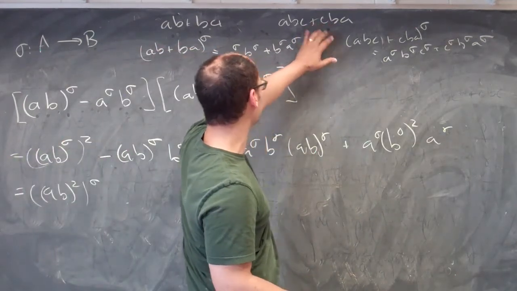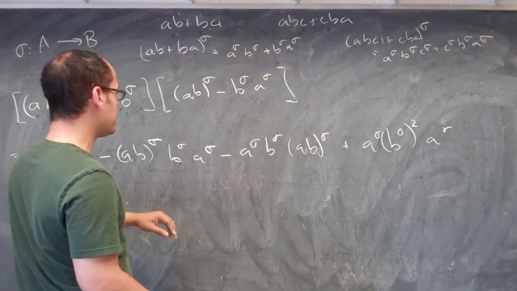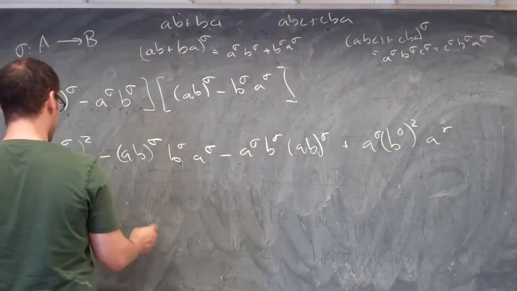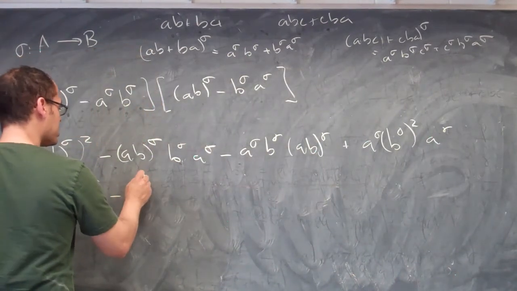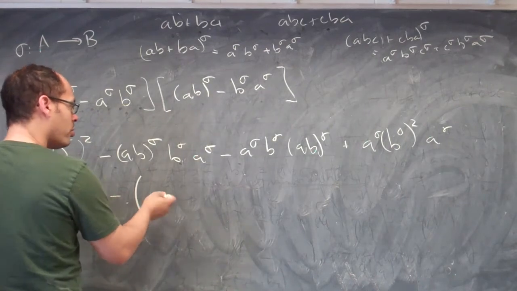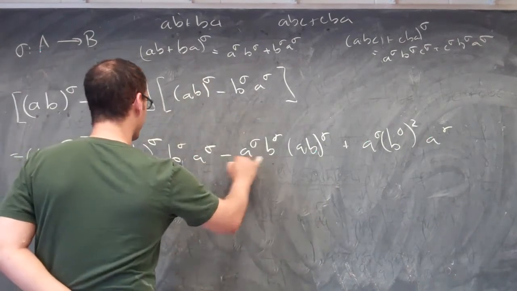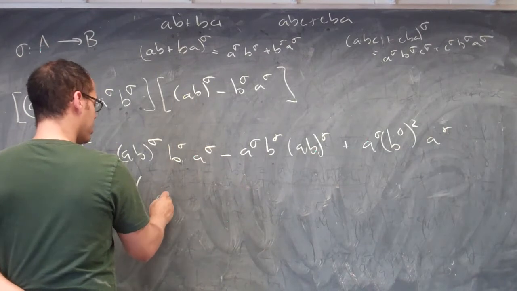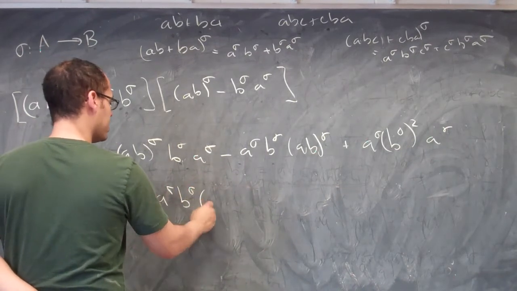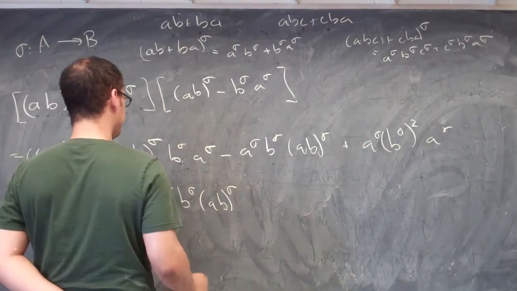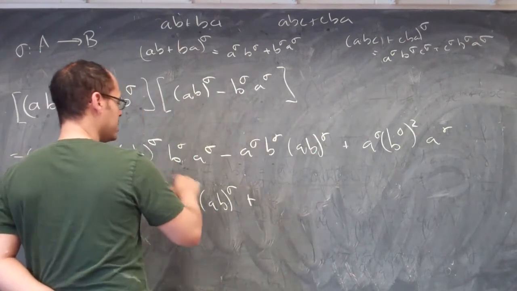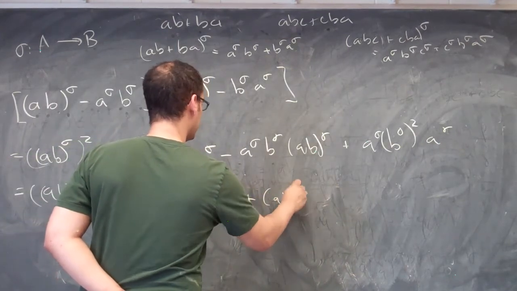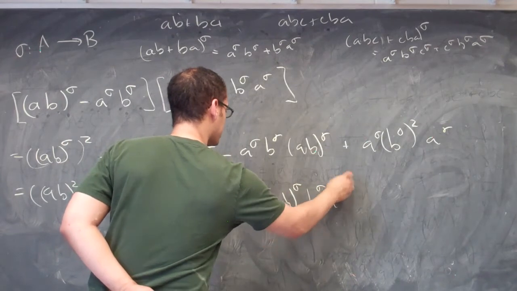Let me pull out a minus sign to make it look a little bit prettier. So this is all minus, what do we have? I'll put this one first and this one second. We have an A sigma, B sigma, AB sigma, and now plus this guy here, which is an AB sigma, B sigma, A sigma.